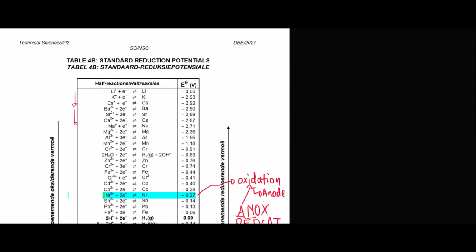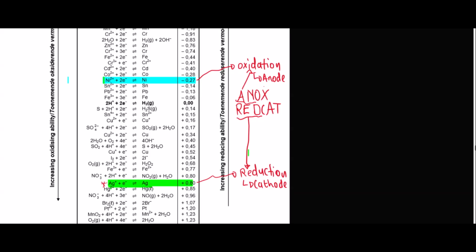Because all these reactions are written in their standard reduction form. If we are required to write a reduction reaction, we're just going to copy it as it is there.